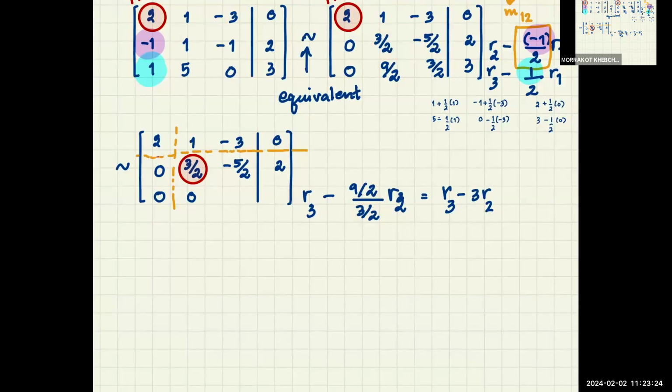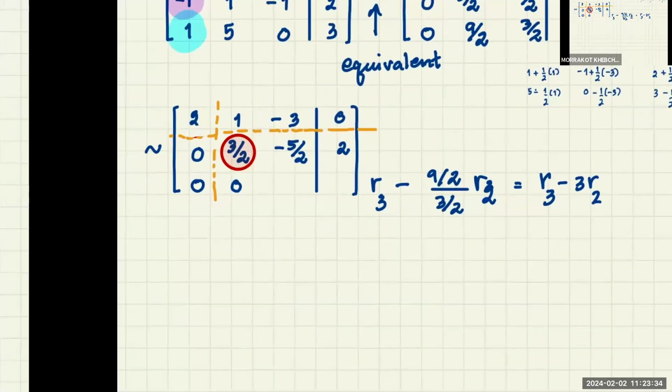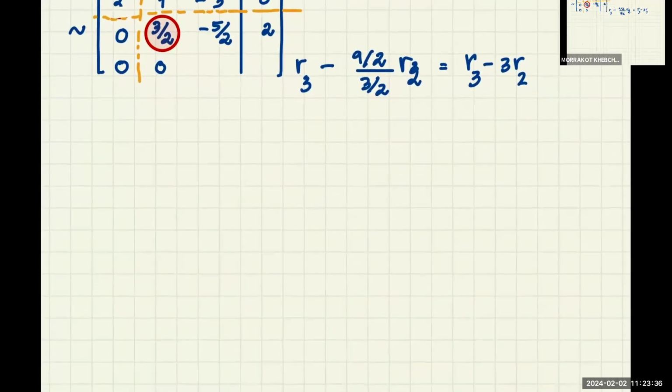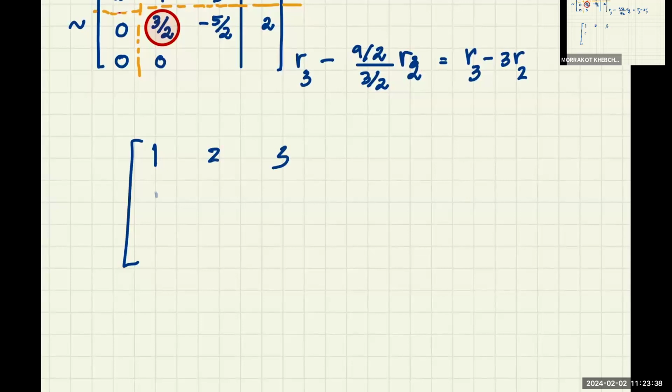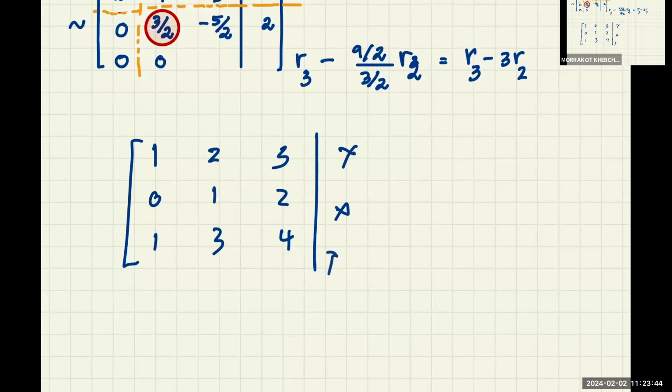Keep in mind that the computer is not smart like us. Even if the matrix is 1, 2, 3, 0, 1, 1, 2, 3, 4, and so on, for us, we will skip the second row.